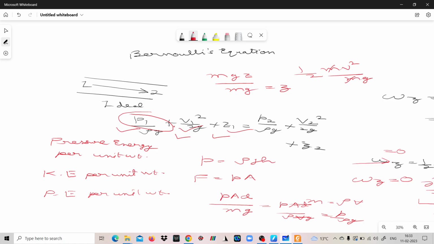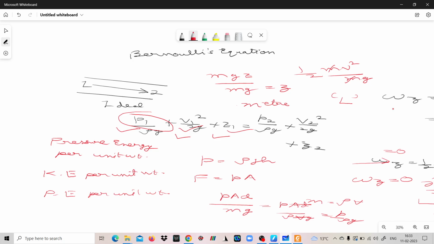Now, when you convert these things into per unit weight, the unit becomes meter, or the dimension of this particular thing becomes L, where L represents length. However, this physically does not signify any length. It signifies energy per unit weight. Again, this is a very important question for competitive exams.